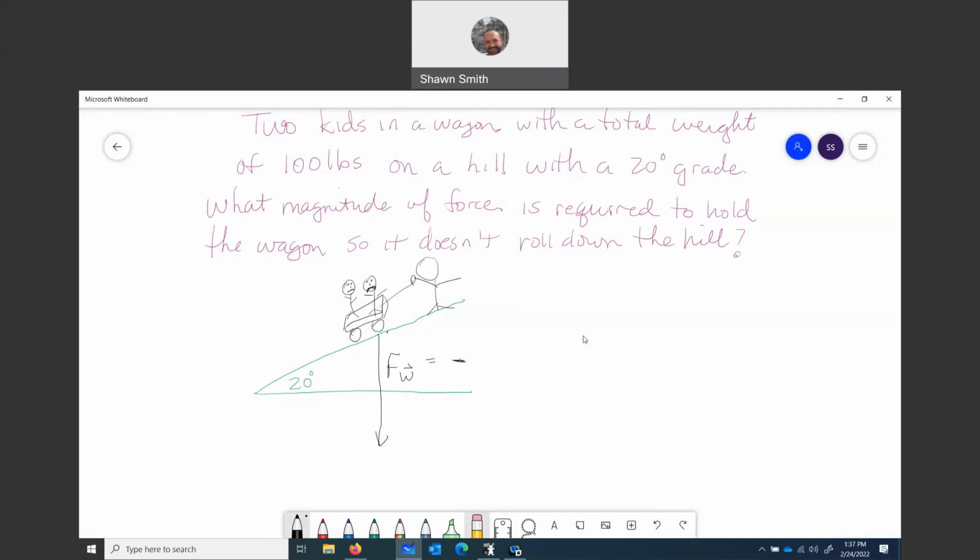How much is the magnitude? 100 J. So that can be written as <0, -100>, if you want to put it that way, right? AI plus BJ: the A component is 0, the B component is negative 100. Now we have this vector.